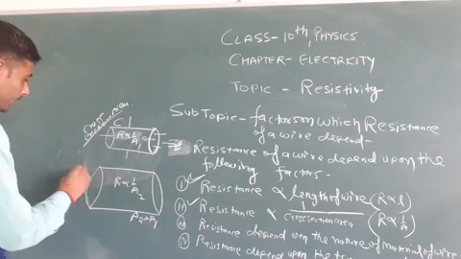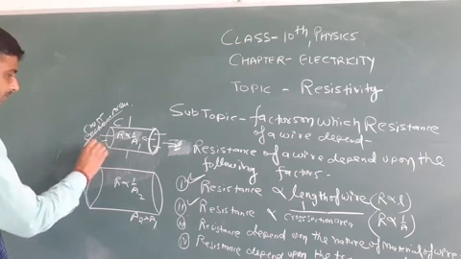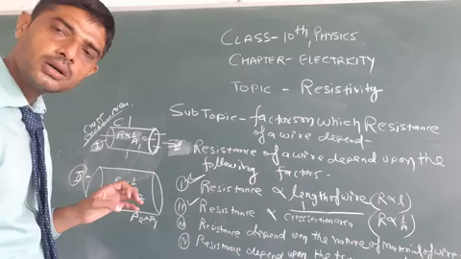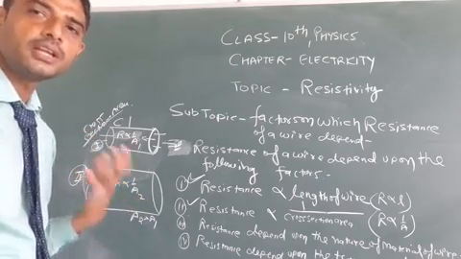This second wire is wider than the first wire. So that's why the resistance of a wire decreases with an increase in cross section area.